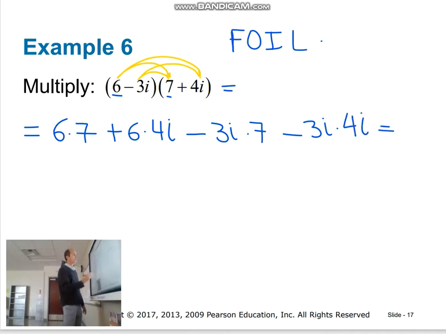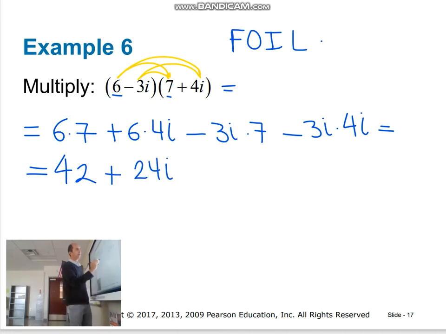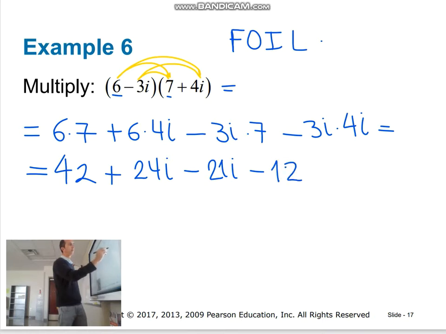Right? And 6 times 7, 42, plus 6 times 4, 24i, and then you're going to have negative 3 times 7, negative 21i, and finally negative 3 times 4, negative 12, but we have i times i squared. What is i squared? Negative 1, right?